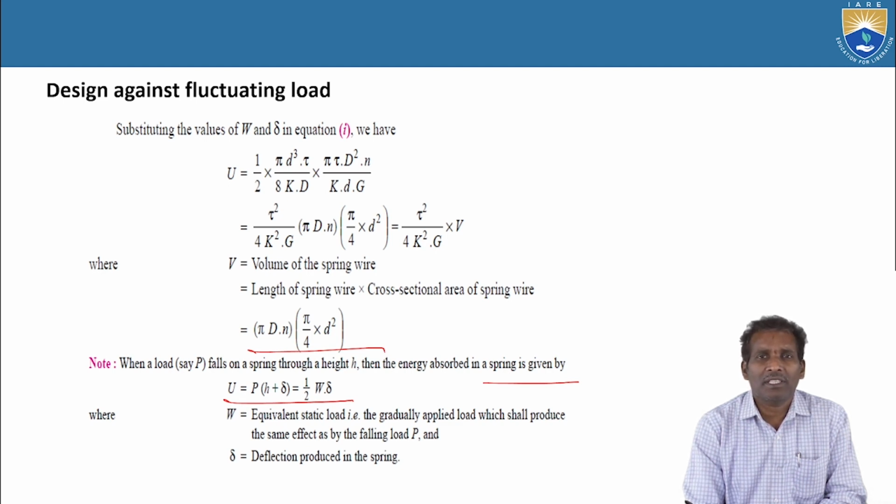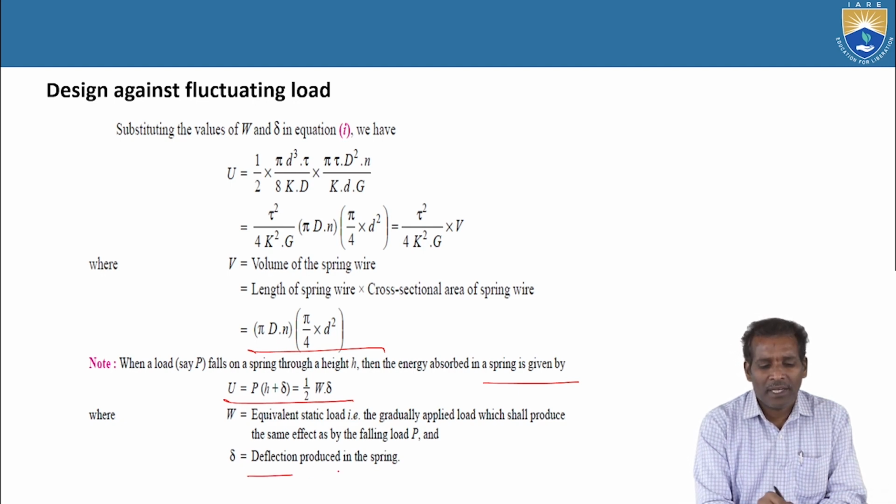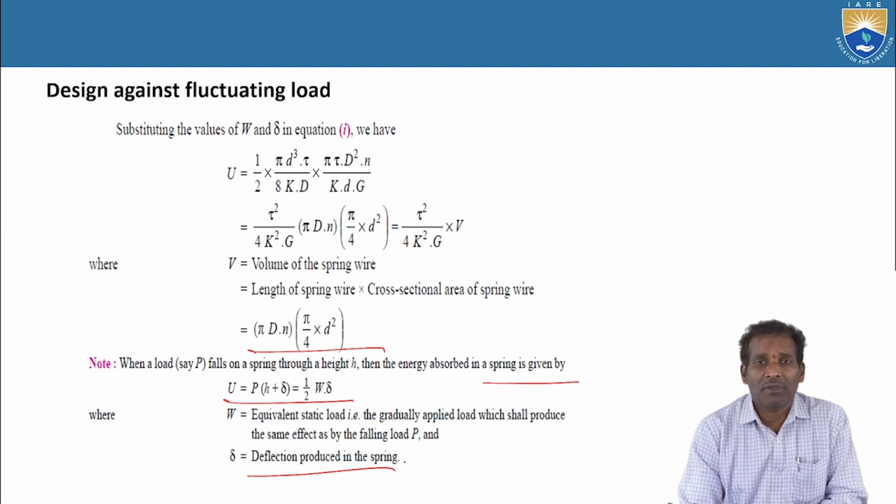Here W is the equivalent static load, the gradually applied load which would produce the same effect as the falling load P, and delta is the deflection produced in the spring when it is subjected to the sudden load.